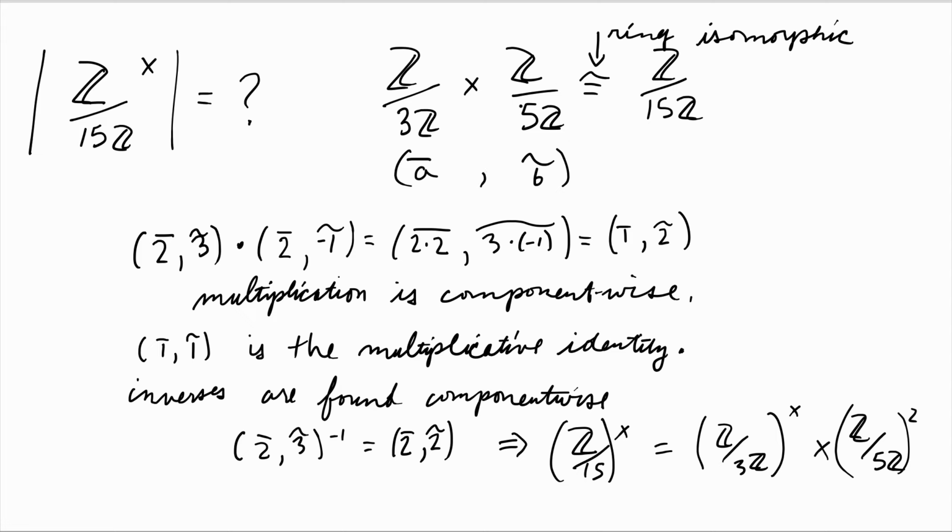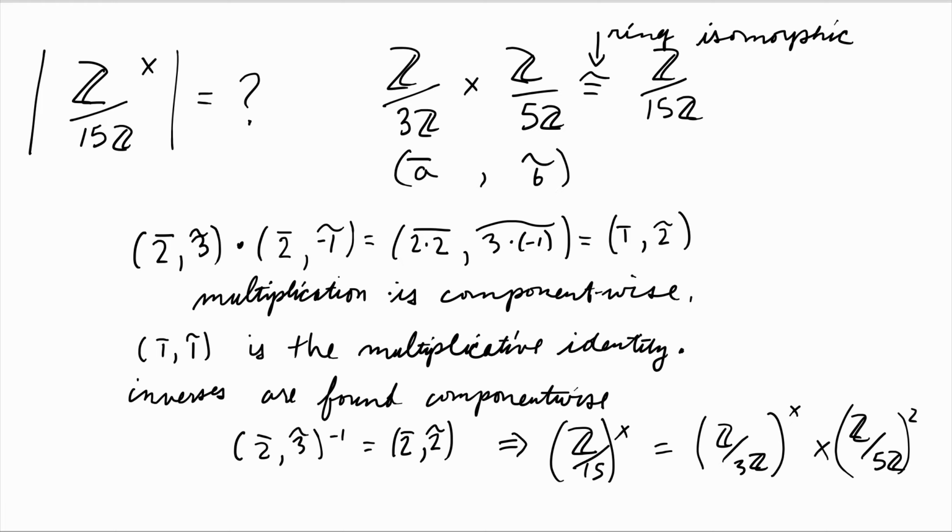It has a nice ring structure, and it's actually isomorphic to z mod 15z as long as this 3 and this 5 don't share any common factors, meaning they're co-prime to each other, at least no non-trivial factors. Might share a 1, but don't share anything else.